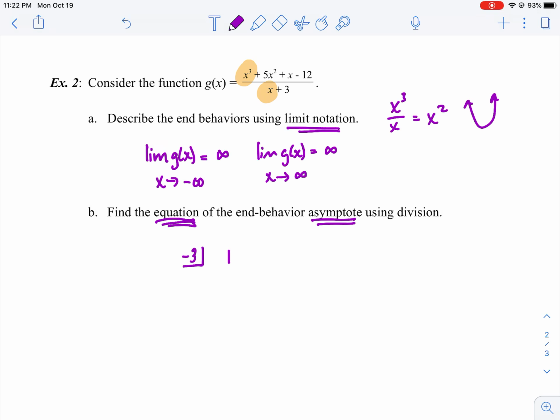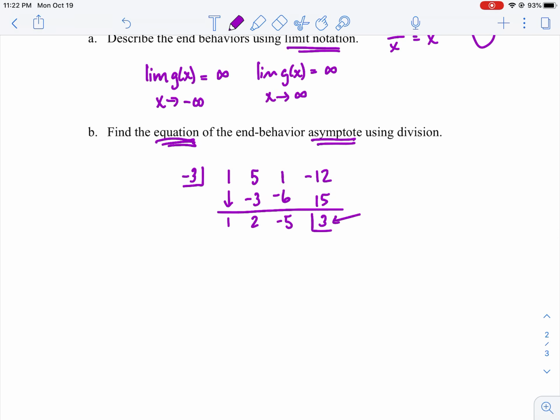Then our coefficients would be a 1, a 5, 1, negative 12. Bring down the 1. 1 times negative 3 is negative 3. Add, I get 2. Multiply, I get negative 6. Add, I get negative 5. Multiply, I get 15. Add, I get 3.